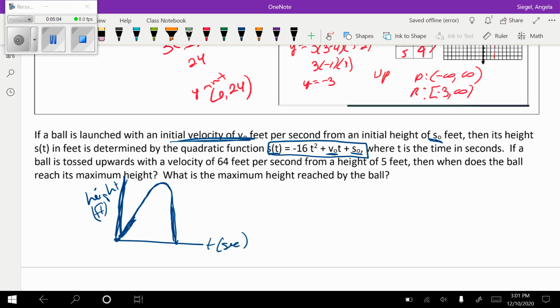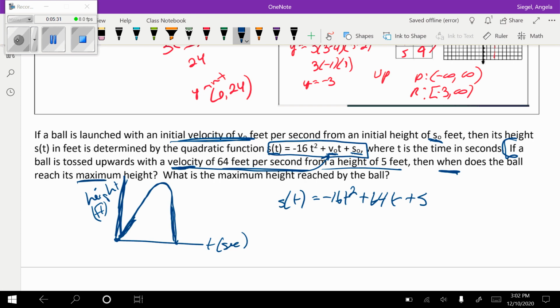So the problem kind of starts here. If a ball is tossed upwards with a velocity of 64 feet per second, that's what's going to go there. Let's go ahead and fill that in. From a height of 5 feet, when, so time, does the ball reach its maximum height?